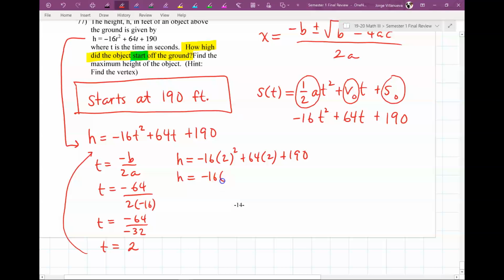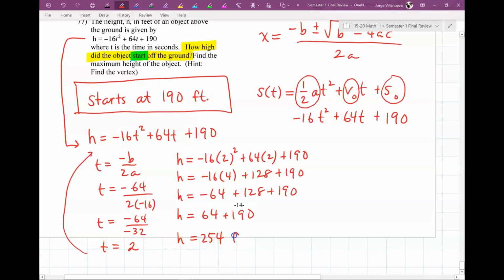Negative 16 times 4, plus 128, plus 190. H is, what is that? Negative 64 plus 128 plus 190. I'm just doing this by hand. If you had a calculator, I'm hoping you'd be using it by now. So what do we get? 254 feet. That's the maximum height.